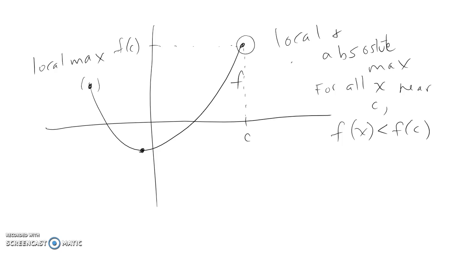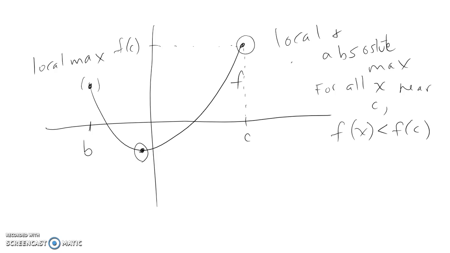The entire function for all of that, for the local. And for the absolute, on the entire closed interval, from, let's call this b, from b to c, f of c is greater than f of x for that entire interval for the entire function.